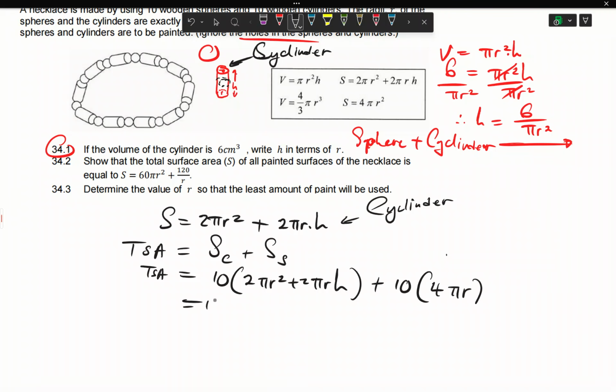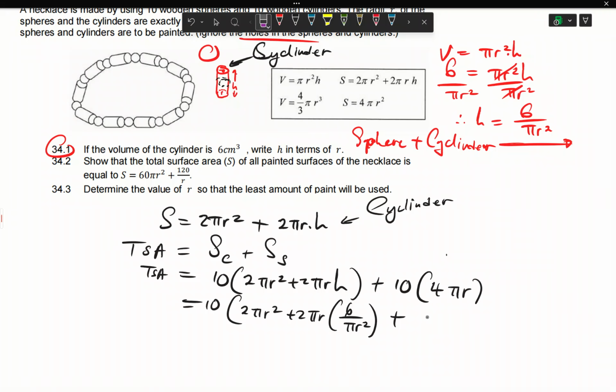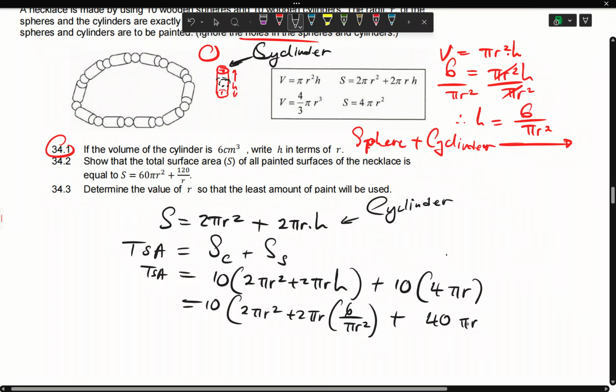So now let's make the substitution. 2 pi r squared plus 2 pi r, the h is 6 all over pi r squared, plus 10. Okay, this is going to give you 40 pi r. So now, hey, I forgot the r squared.